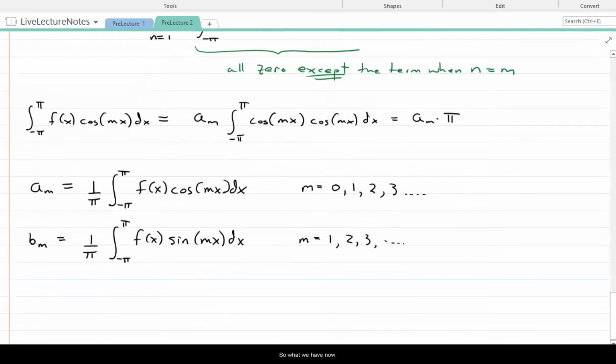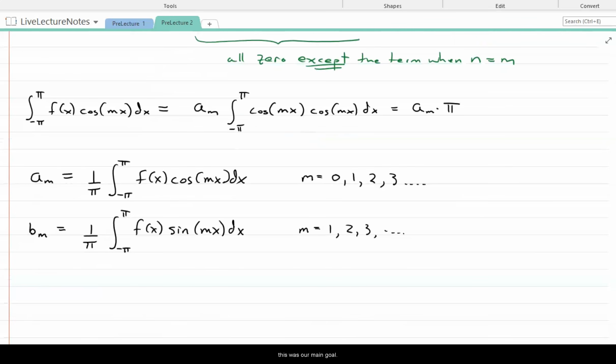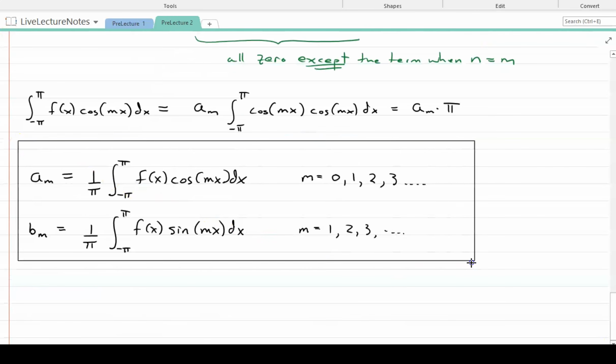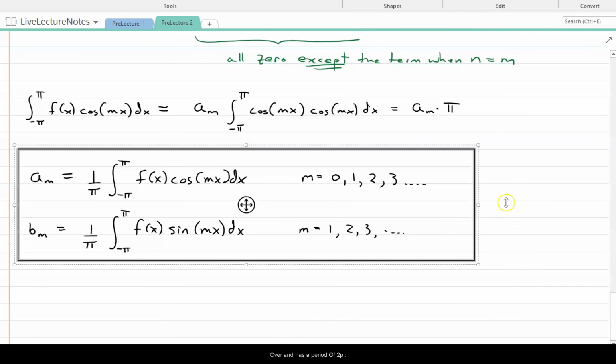So this was our main goal. If I know a function f of x, which is periodic and has a period of 2 pi, and I want to write the Fourier series of that function, to get the Fourier coefficients a_m and b_m, I take the function and multiply by the particular cosine or sine.